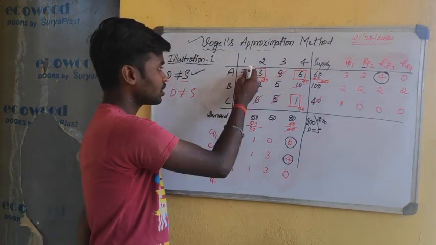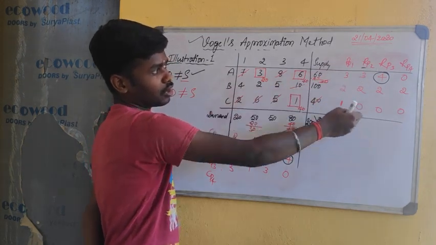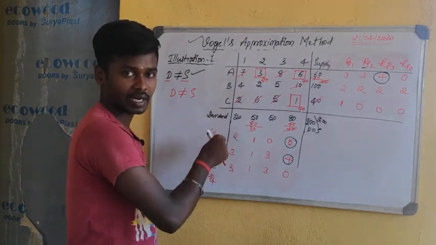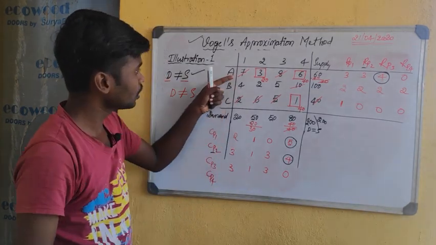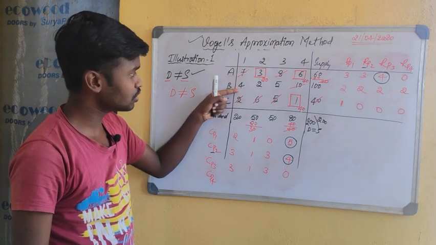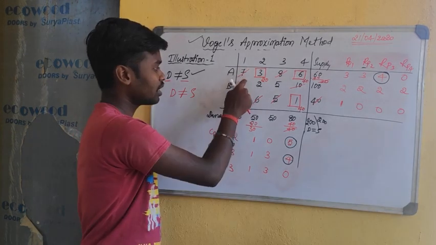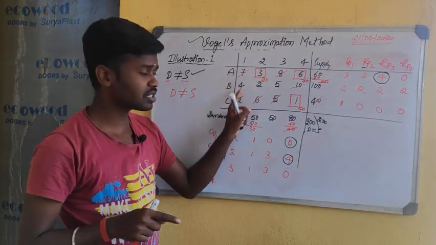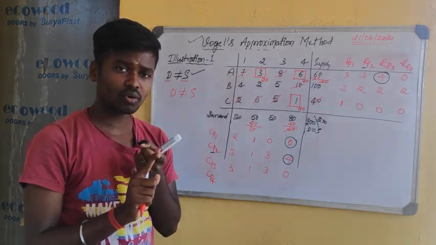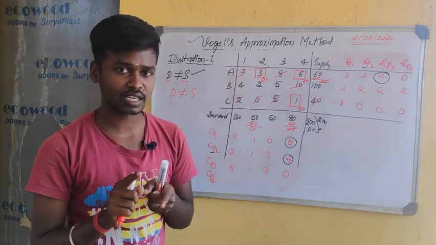Okay. So we have calculated the row penalties. In a similar way you have to calculate the column penalties. See, in the first column, the first least number is 4, right? There is no other number, because we have already cancelled this 7 and 2. Only the first least number is 4. In order to calculate the penalty, as I already told, we need the first least number and the second least number, right?